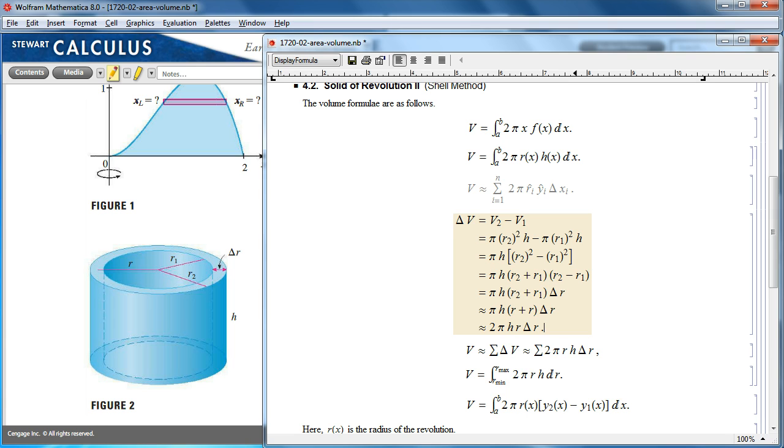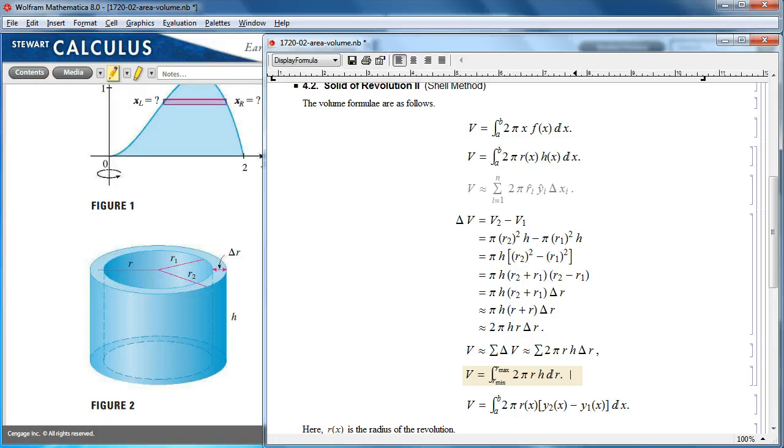So if I add up all these delta V's, then we have a Riemann sum, and each delta V is this one, so we get this expression over here, 2 pi r h delta r. This is a Riemann sum. So if we take the limit, then delta r becomes dr, and these remain as the integrand, and the sum will become an integral, from minimum to maximum.